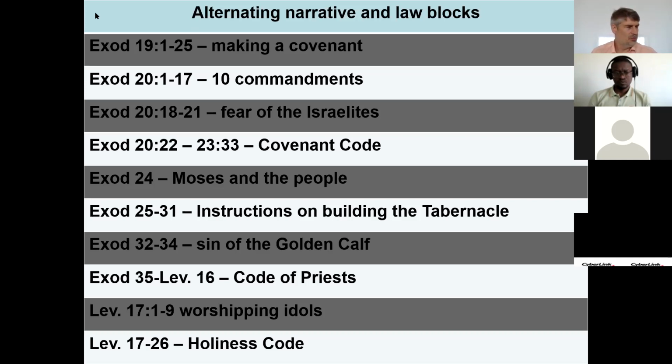So why is this law given? When you open the first verse of Leviticus 16, it gives you some hint or clue why God gives this law. The Lord spoke to Moses after the death of two of Aaron's sons, when they approached the presence of the Lord and died.